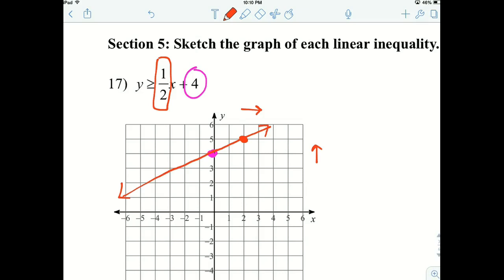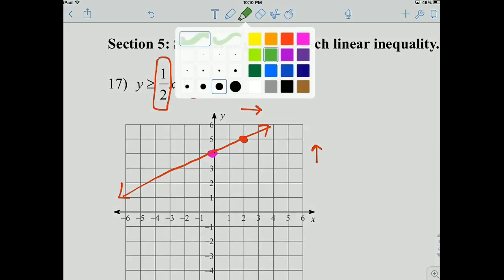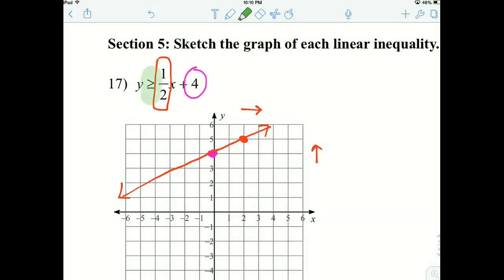So there's my line. The last part I need to do is looking at the inequality part of it, this part right here. We have a few options. It can be greater than or bigger than, or it can be less than, which is smaller than. We look at where y is in relation to all of this.